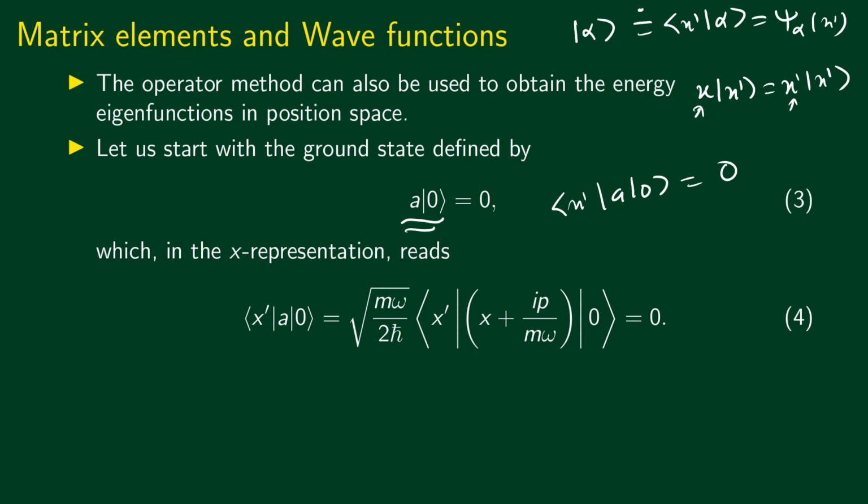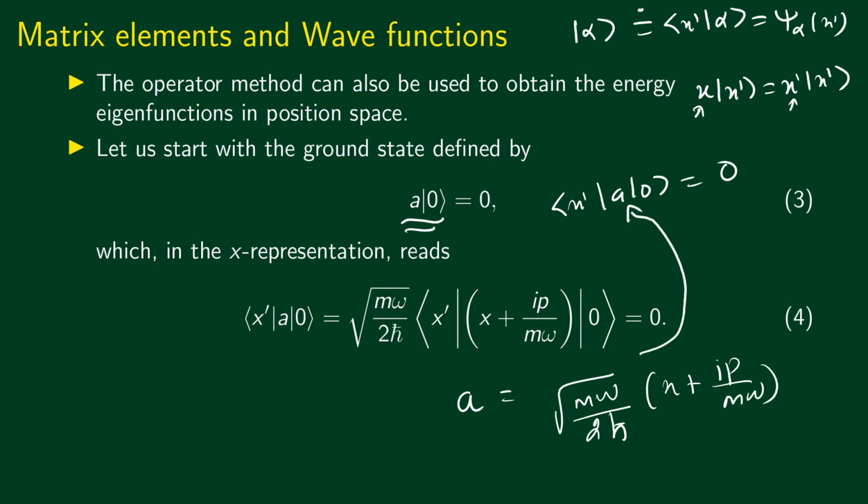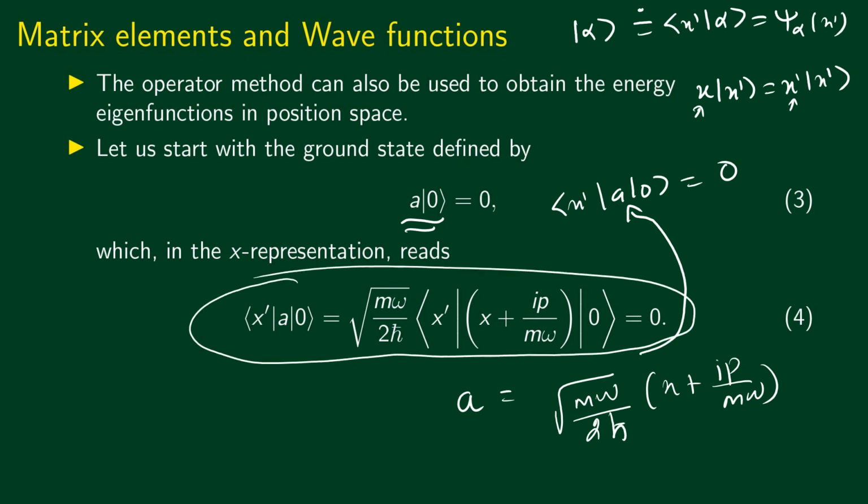Now we can use the expression for the annihilation operator: a is equal to square root of m omega divided by 2 h bar times x plus ip divided by m omega. Substituting this expression for the annihilation operator, the equation becomes bra x prime a ket 0 is equal to square root of m omega divided by 2 h bar times bra x prime x plus ip divided by m omega acting on ket 0 is equal to 0.